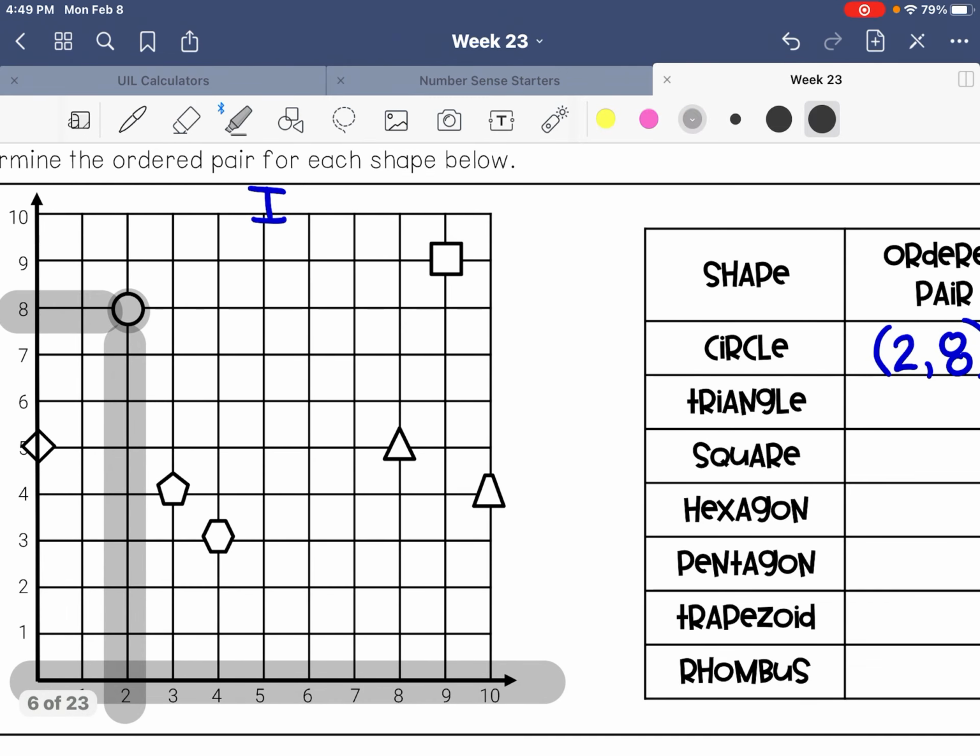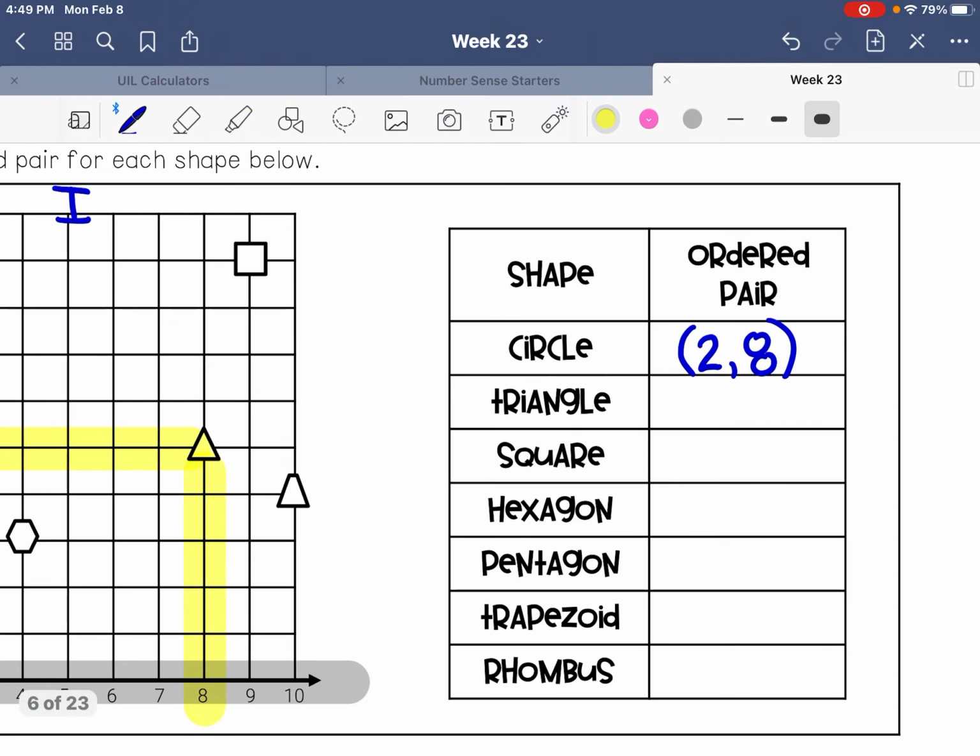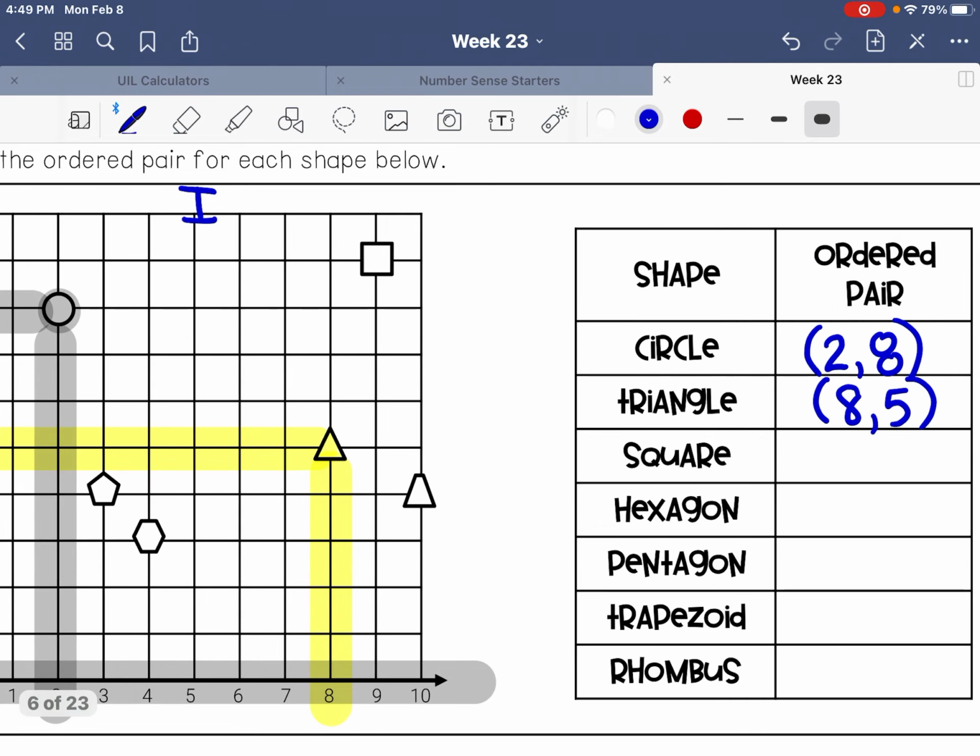Now next we'll do the triangle. The triangle is right here and its x-coordinate is 8 and its y-coordinate is 5. So we write the ordered pair for that as (8, 5). Have to put the parentheses, those are non-negotiable. That means you can't leave them off.